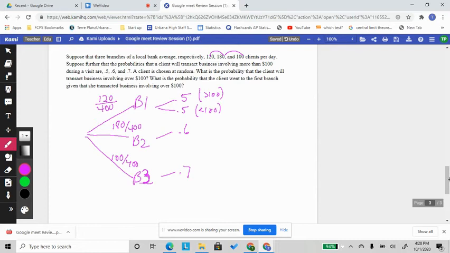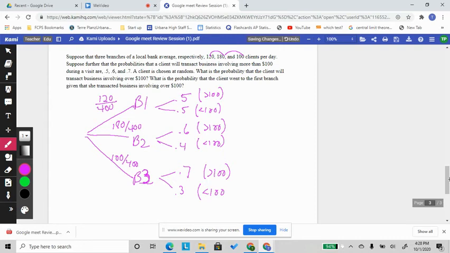Remember, each of your branches has to add up to 100%. So if this is over $100, then less than $100 would be 0.4. Over $100 would be 0.7. Under $100 would be 0.3. And there's your tree diagram.